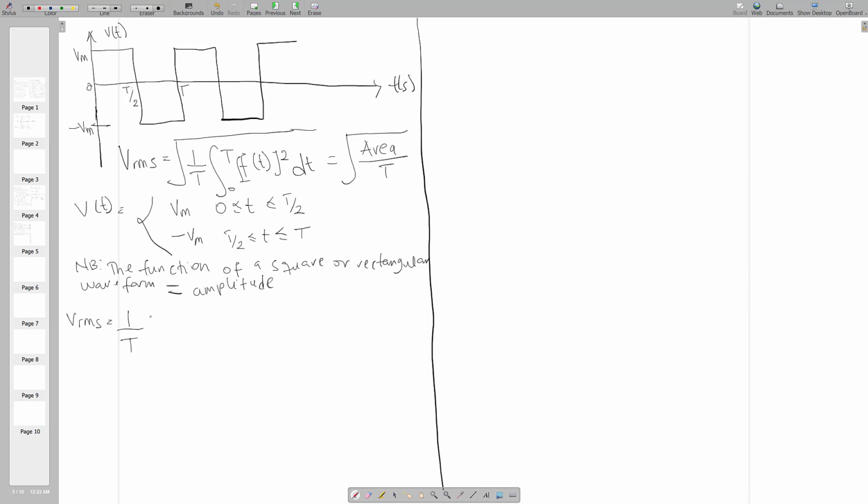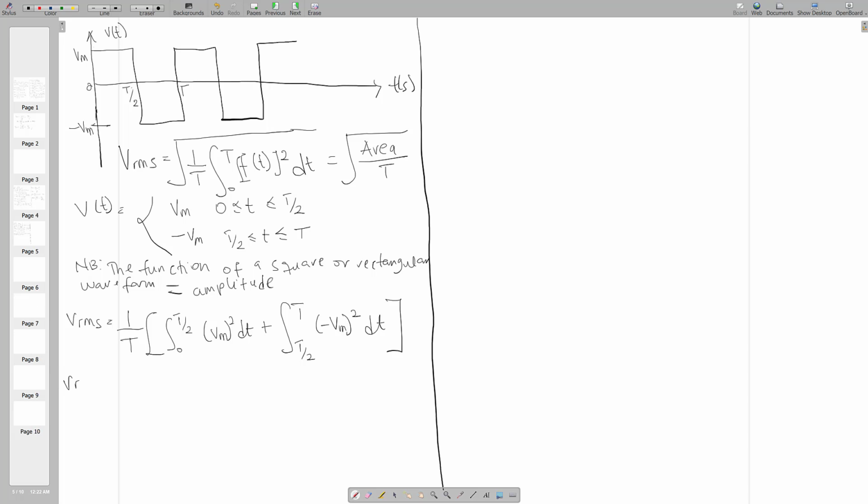When we are done, we bring back the square root. For the positive side, we are integrating from 0 to T on 2, and we square the function dt, plus the negative side, from T on 2 to T, where we have minus Vm, and we square it, dt.